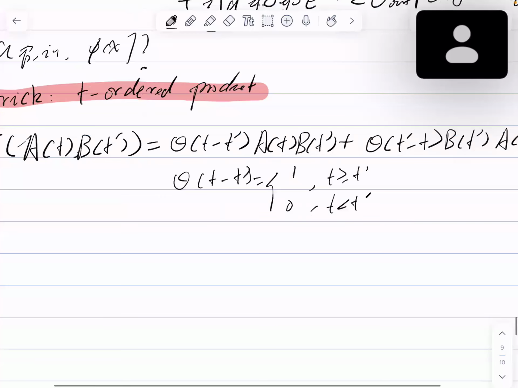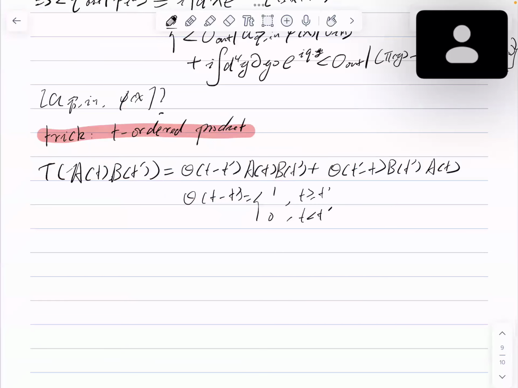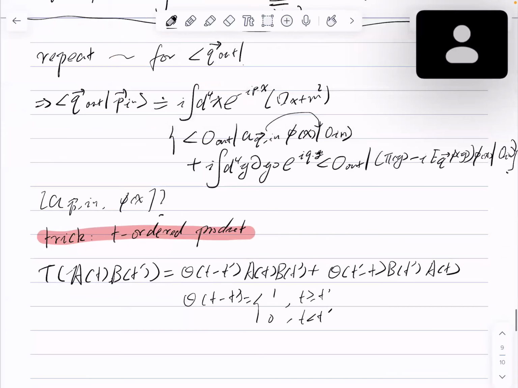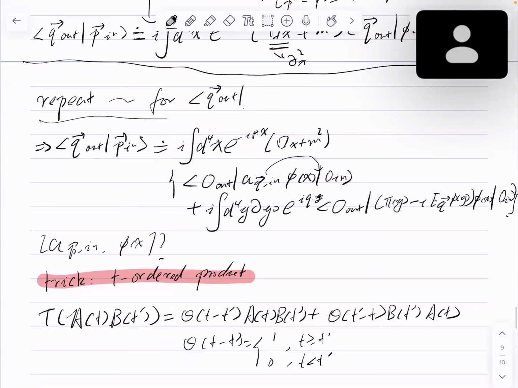So we're using such a time-ordered product, and just go one step back to our repeated procedure for the Q out state.